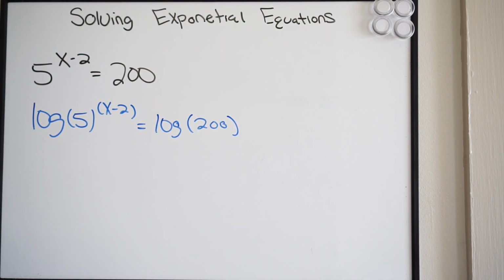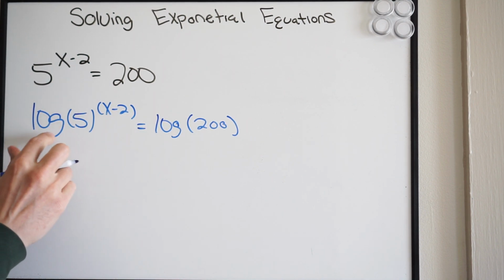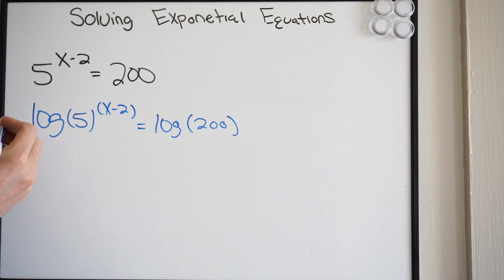Well, go back to your properties of log functions and remember the power rule. When we have an exponent and we're dealing with a log, it naturally comes down to the front. And we talked about why in those previous videos. So let's rewrite this now.